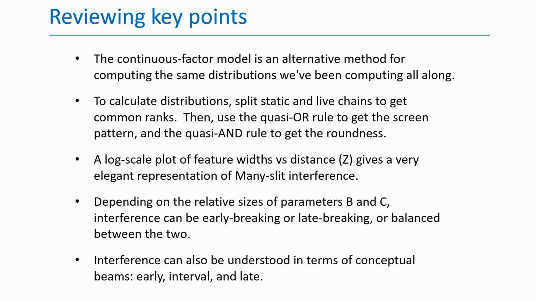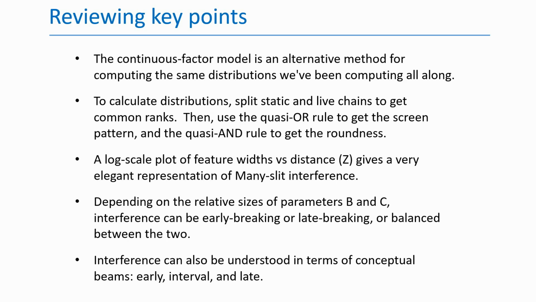That's all for this lecture, so let's review the key points. The continuous factor model is an alternative method for computing the same distributions we've been computing all along. To calculate distributions, split static and live chains to get common ranks. Then use the quasi-OR rule to get the screen pattern and the quasi-AND rule to get the roundness.